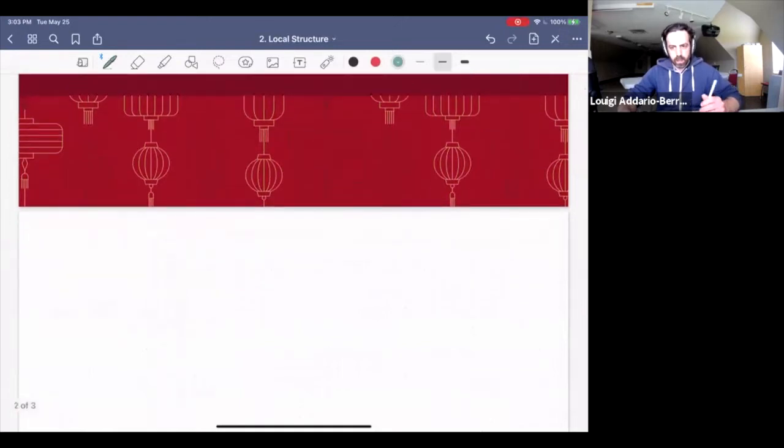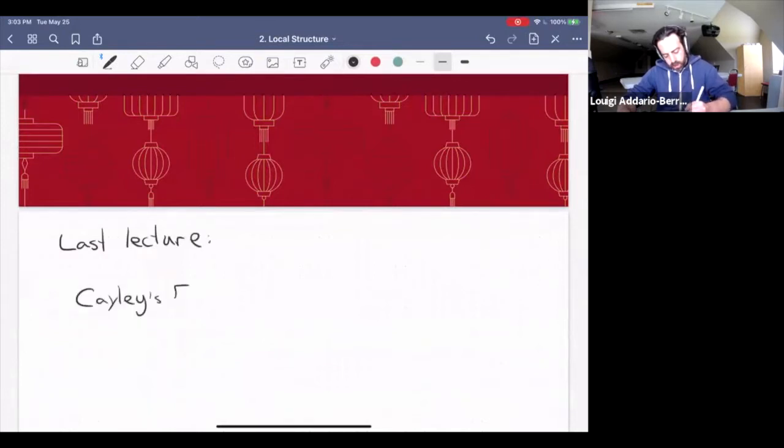Let me remind you that last lecture we saw Cayley's formula, which said that the number of rooted trees with vertex set 1 up to n was n to the n minus 1. I noticed a potential issue with my notation.